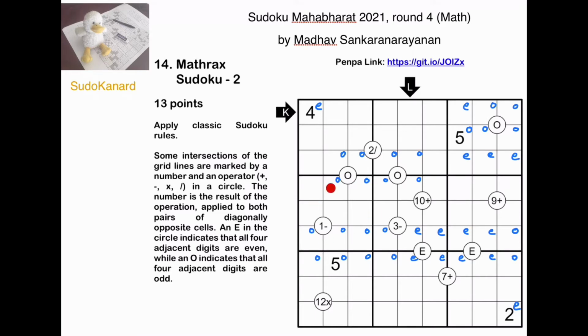Next, here we have 5 odd digits, so the remaining digits must be even. And for those 2 digits, we could have deduced that from this difference of 1. And here, a difference of 3 switches the parities, and a sum of 10 preserves parity.